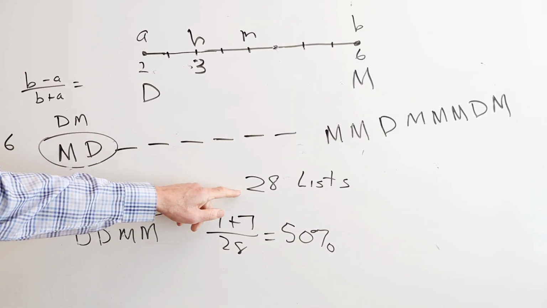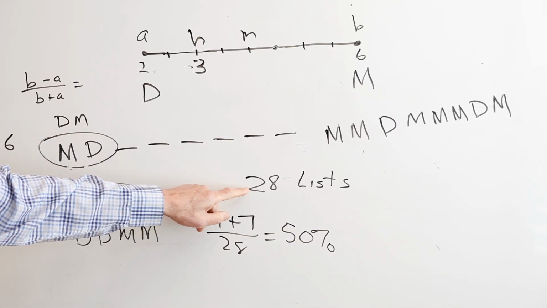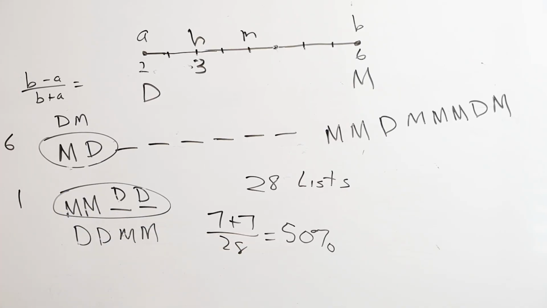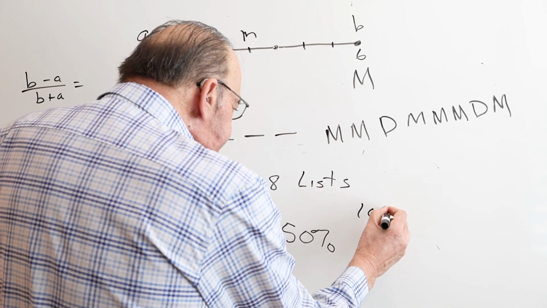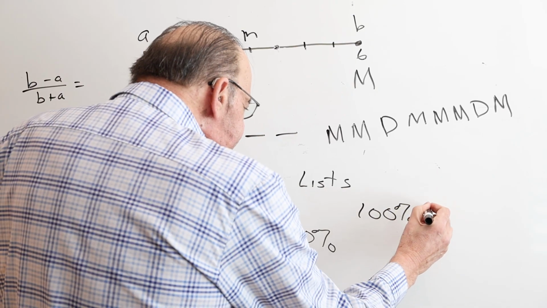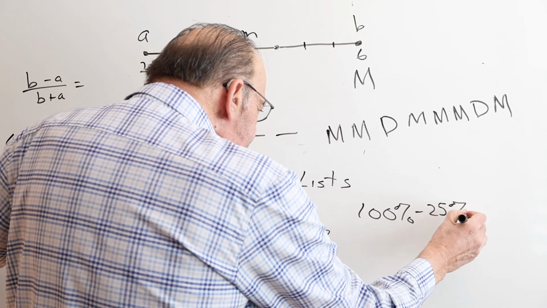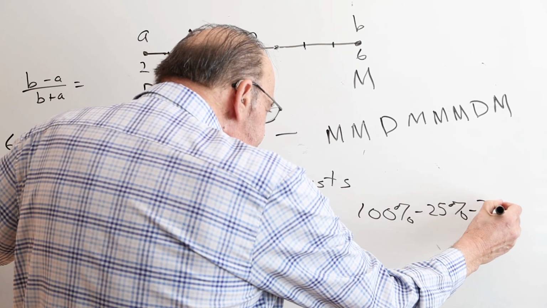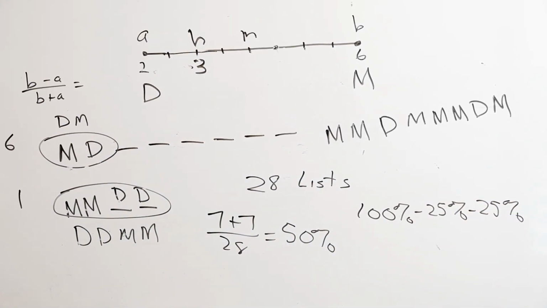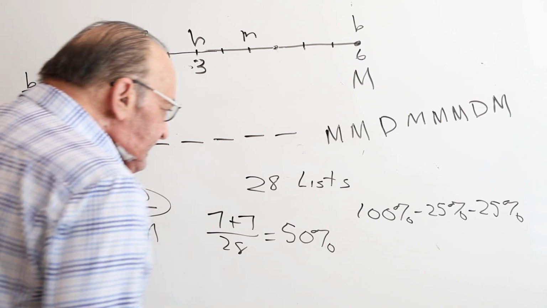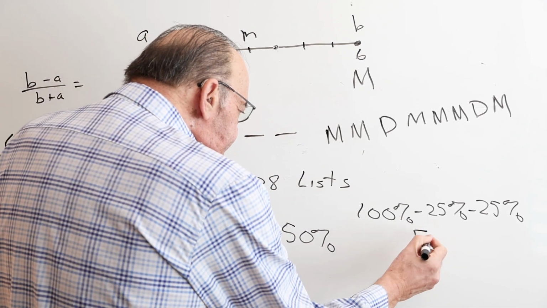So out of the possible 28 lists, 50% are bad. And you can think about it like this. You have to start with 100% of the lists, and then you subtract 25%, and you subtract 25% again. So altogether, 50% of the 28 lists are bad.